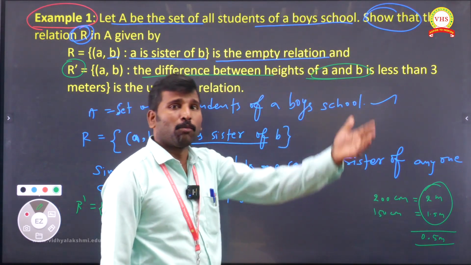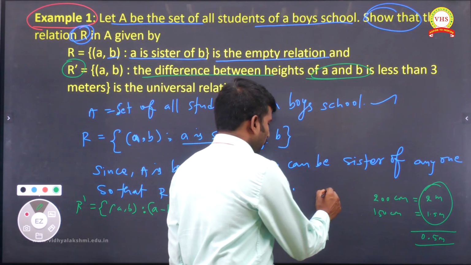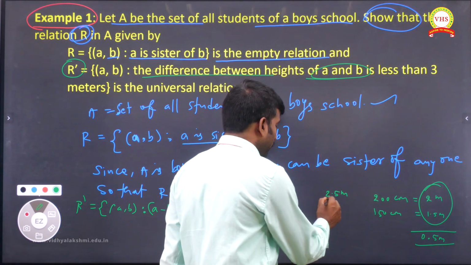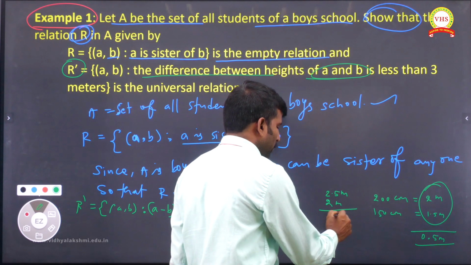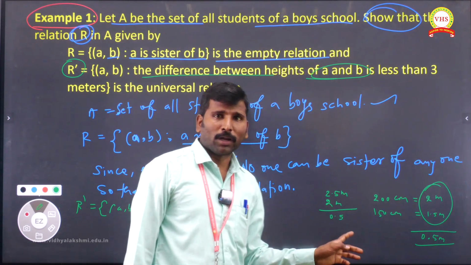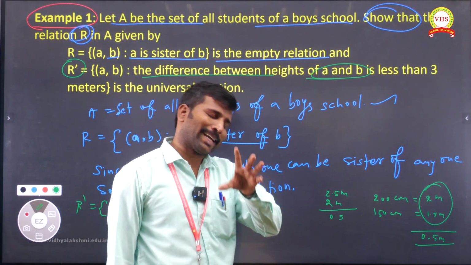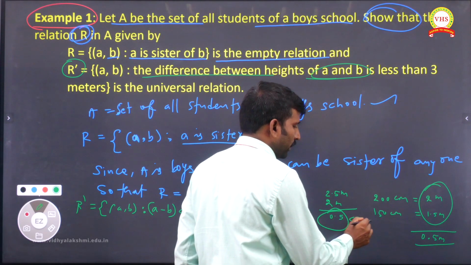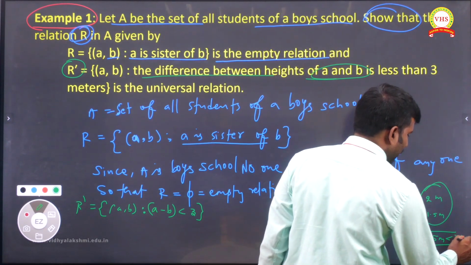If we take a little more tall also, one fellow we have 2.5 meter, one more fellow 2 meter tall. When you subtract, you will not get 0.5 always. It means any answer can come, but that answer will be less than 3 meter.